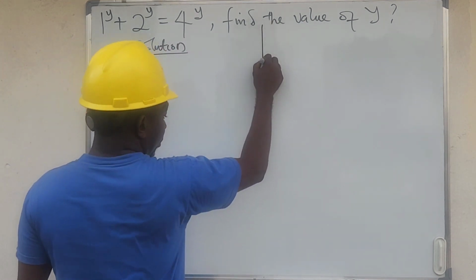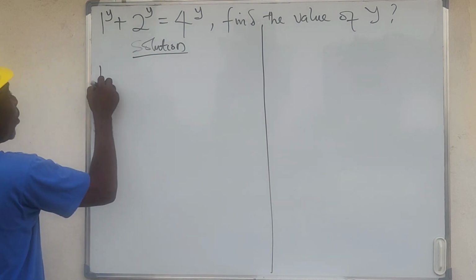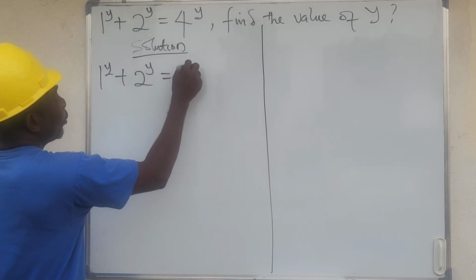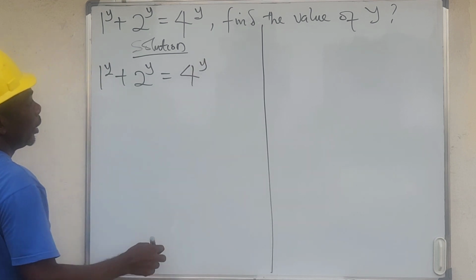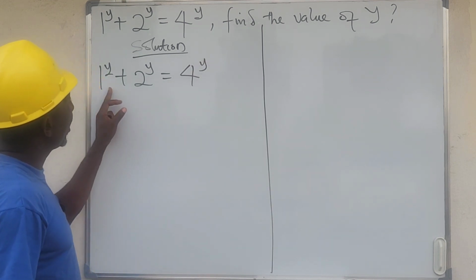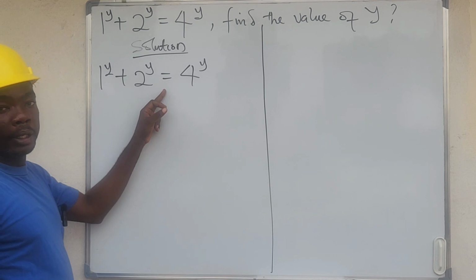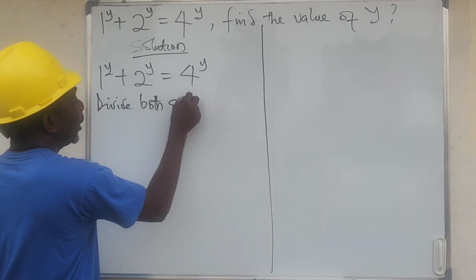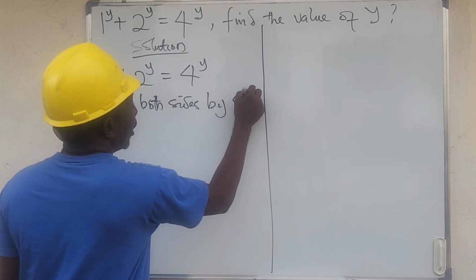We divide our board into 2. So, we are given 1 raised to the power of y plus 2 raised to the power of y equals 4 raised to the power of y. What we are going to do, we divide both sides by 4 raised to the power of y.